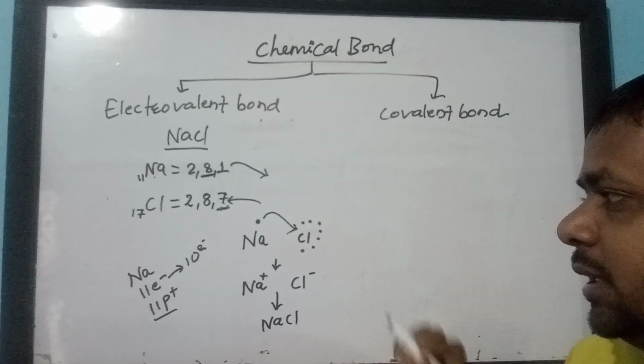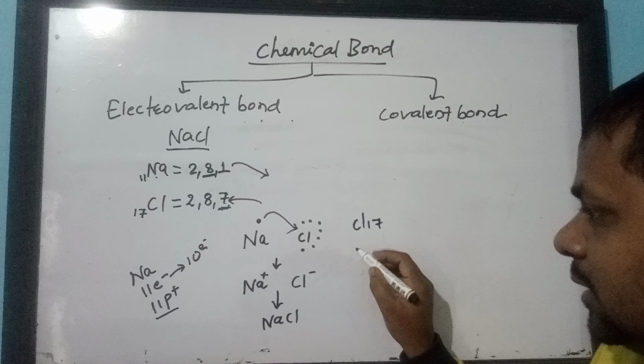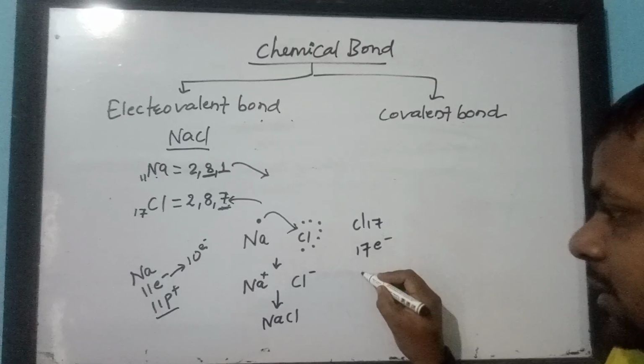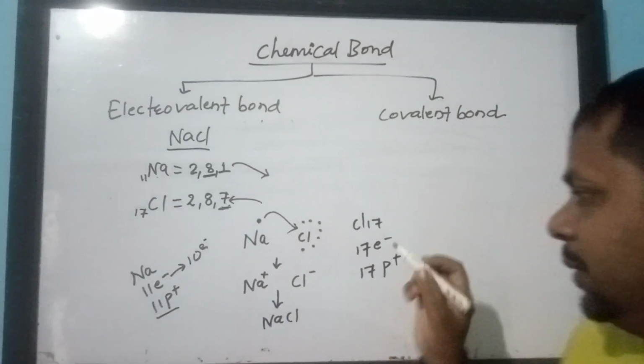Similarly, in chlorine, we can see chlorine's atomic number is 17. It has 17 electrons and 17 protons.